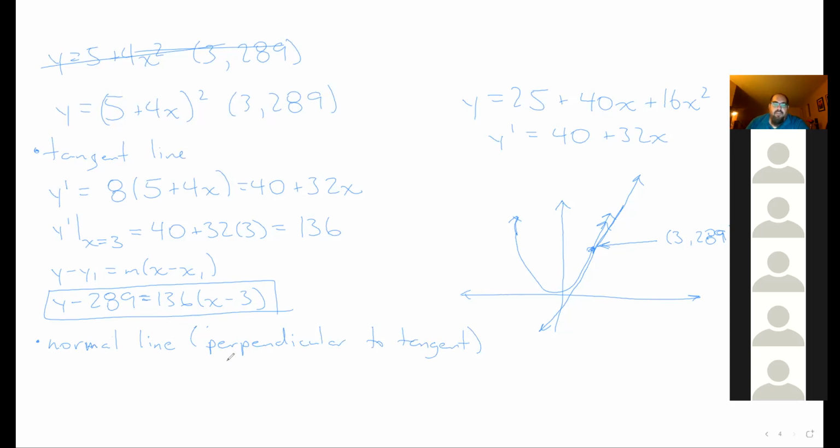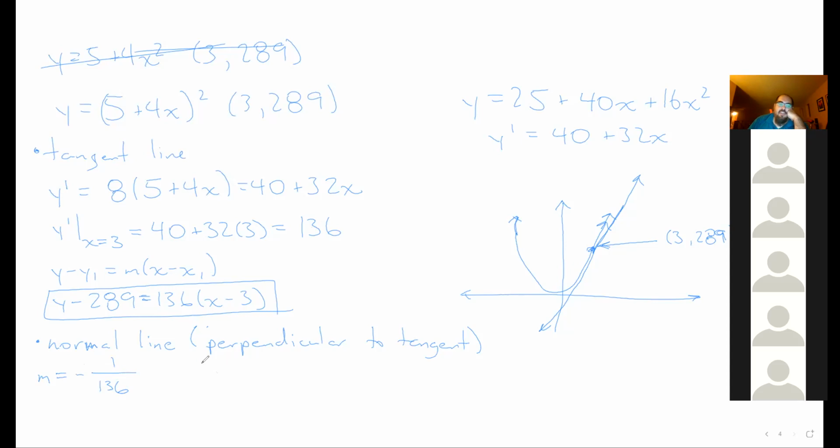So knowing that the normal line is perpendicular to the tangent, and I know what the slope of the tangent line was, what's the slope of the normal line going to be? It's going to be the opposite reciprocal of the slope, right? Right, so what would that be? Negative 1 over 136.